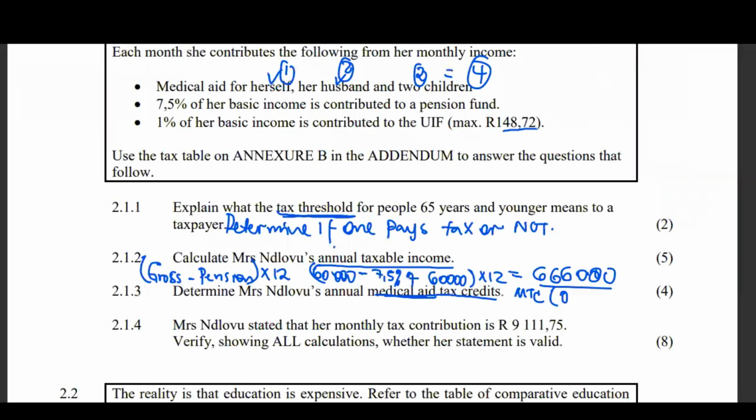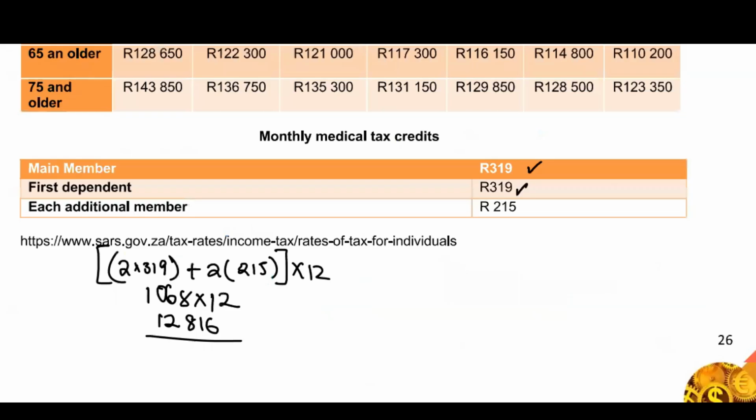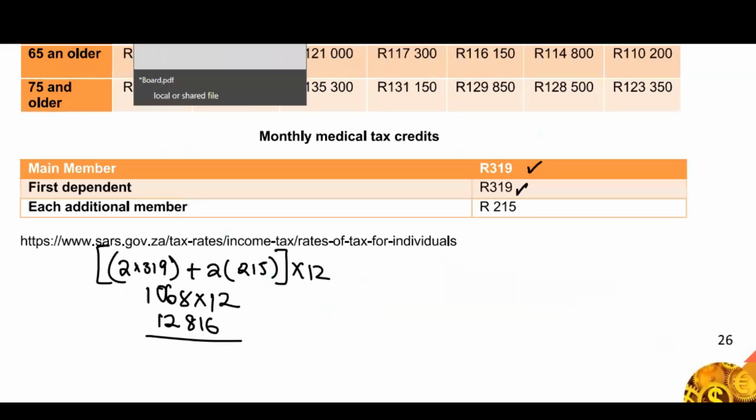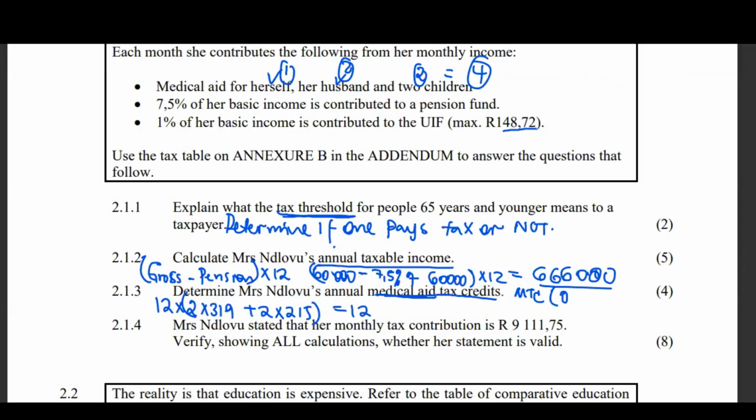We said it was 2 times 319 plus 2 times 215, multiplied by 12 because we are looking for annual, which became 12,816. This is medical. Also, this one is added onto the rebate. You understand? It's a relief for those who pay medical aid.